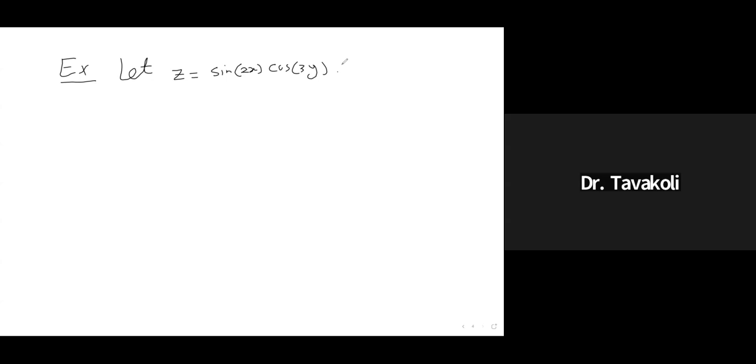So z is this product, sine of 2x, cosine of 3y. Besides, x on its own is a function of t, x is 3t, and y is t squared.